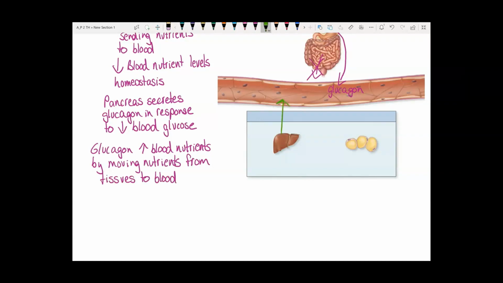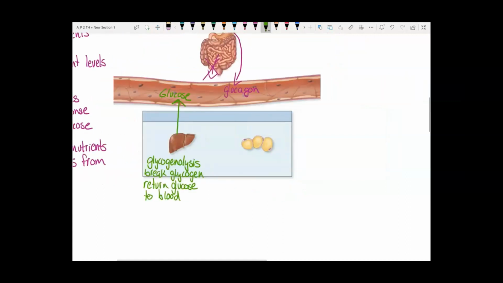We're going to return that to the blood. So you're going to do glycogenolysis. So remember, lysis means break. So this is where you will break the glycogen and return the resulting glucose to the blood. So glycogen is just a bunch of glucose stored together. So when you break the glycogen, then you're back to having a bunch of individual glucose.